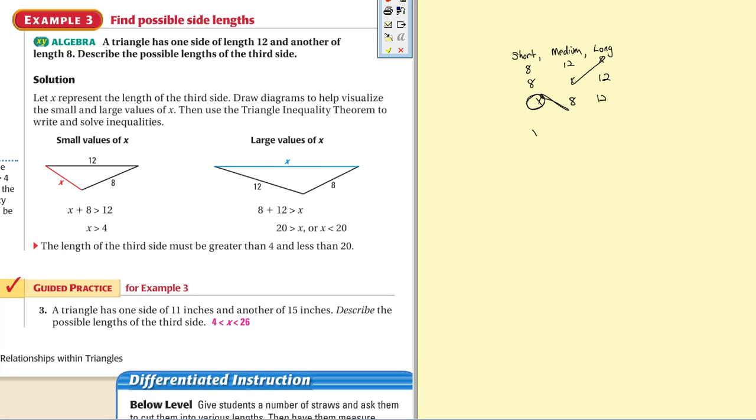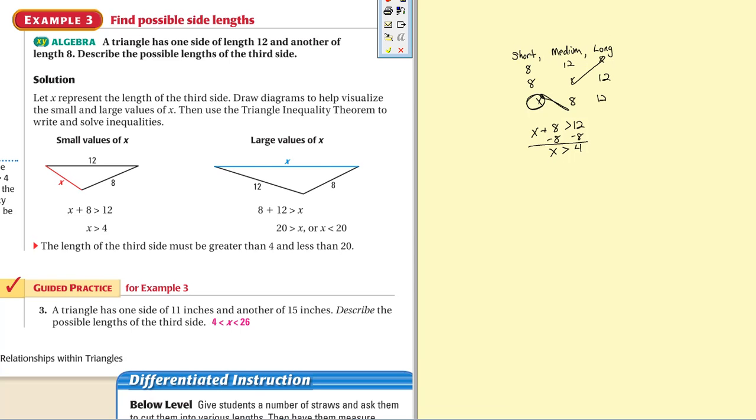So we take the x, the short side, and add it to the medium side. Then it has to be bigger than the third side. So it has to be bigger than 12, which would be the long side.